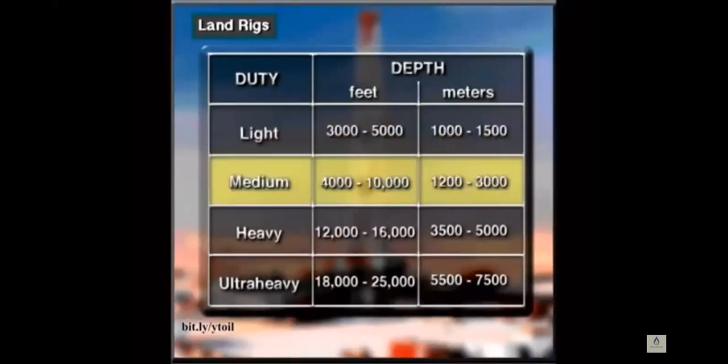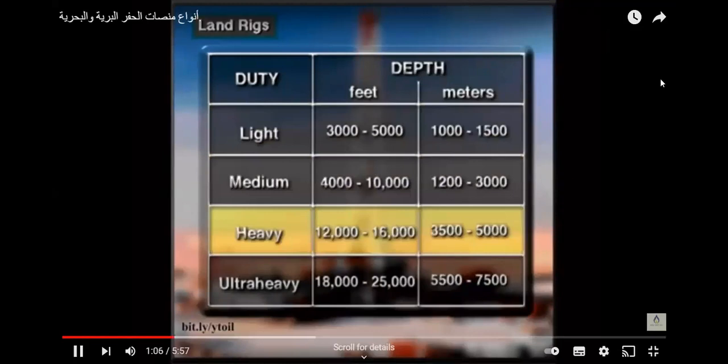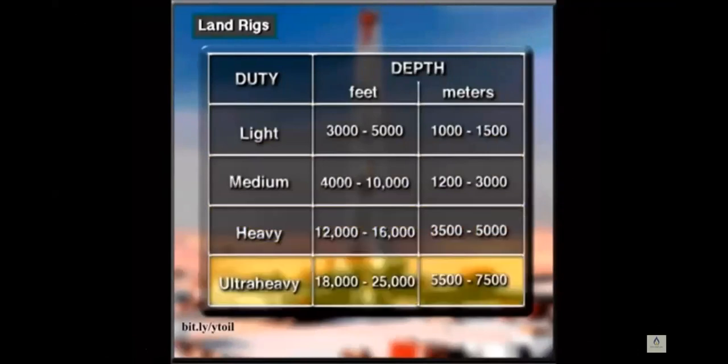Medium-duty rigs drill to depths ranging from about 4,000 to 10,000 feet, or 1,200 to 3,000 meters. Heavy-duty rigs drill holes from about 12,000 to 16,000 feet deep, or 3,500 to 5,000 meters. Ultra-heavy-duty rigs drill holes from about 18,000 to 25,000 feet or more, 5,500 to 7,500 meters or more.